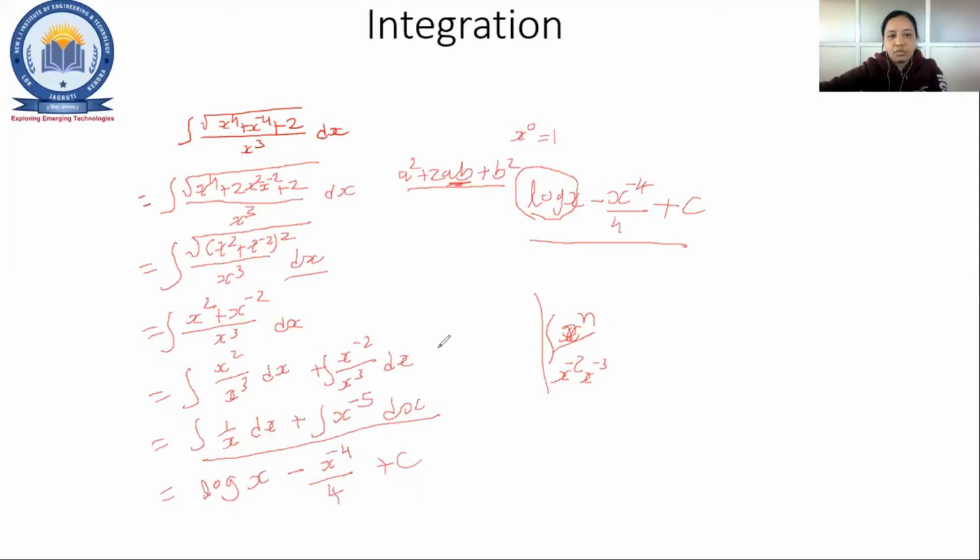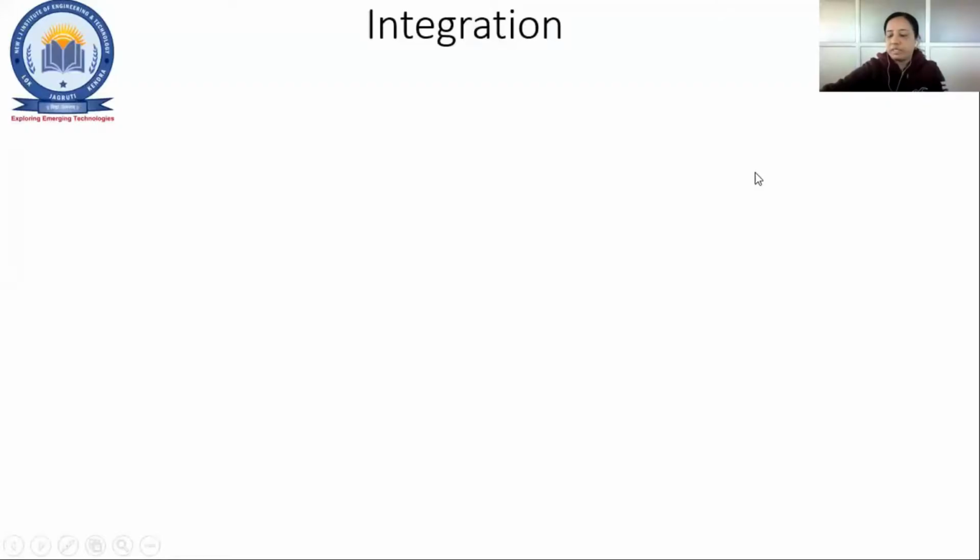I'll give you one more example, so that you are supposed to solve it. Okay, I think the screen is not visible, right? One another example. Quickly you are supposed to do it.